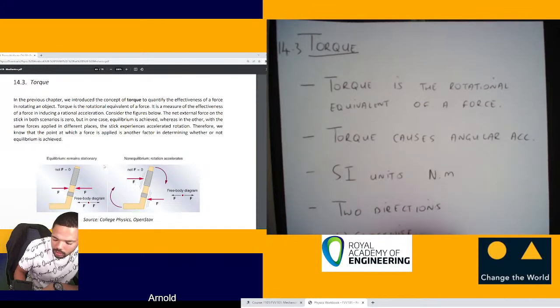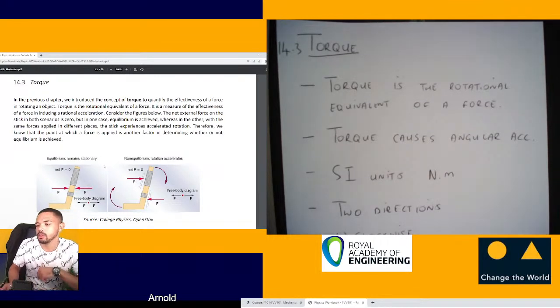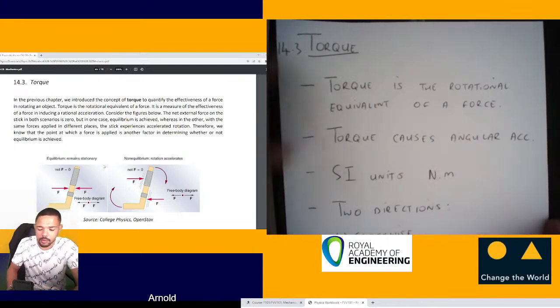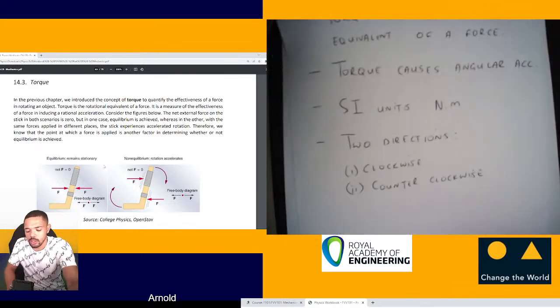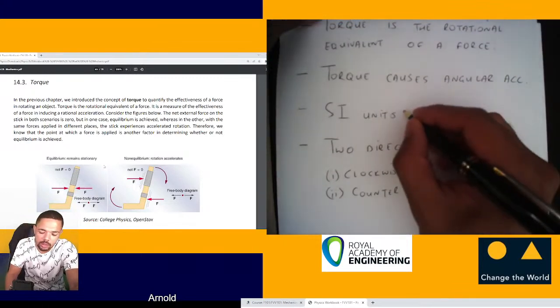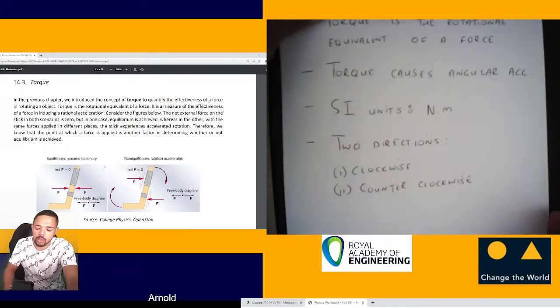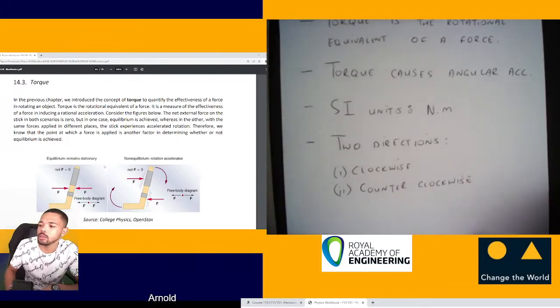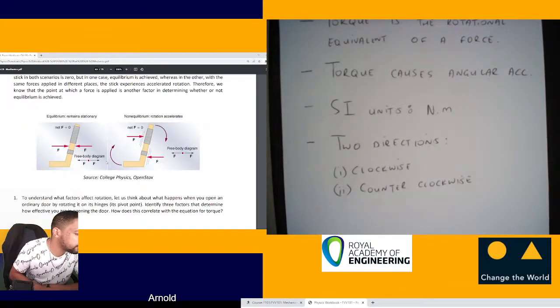The book says counterclockwise, so we'll go with that. Counterclockwise means opposite to the direction in which the hands of a clock would move. Those are the two directions of torque. Torque has SI units of Newton meters, and it has two directions, clockwise and counterclockwise.